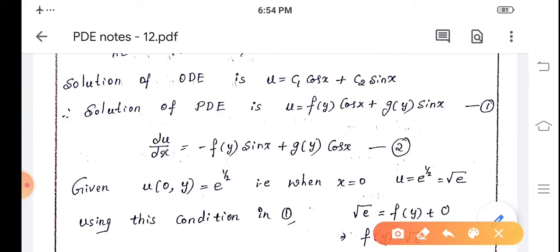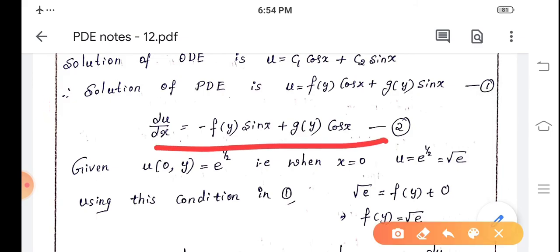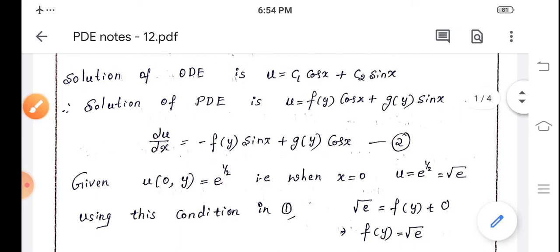So the first term is -f(y) sin x plus the partial derivative of g(y) sin x with respect to x. g(y) is constant, the derivative of sin x is cos x. So we are getting ∂u/∂x = -f(y) sin x + g(y) cos x. Take it as equation number 2.